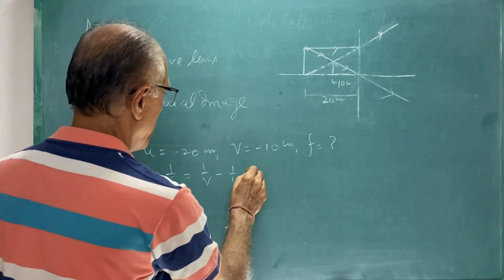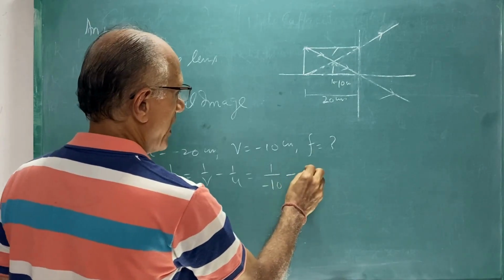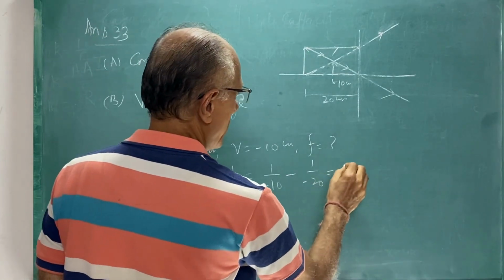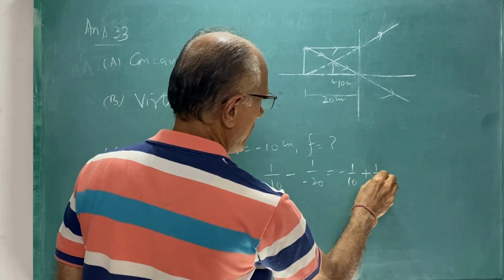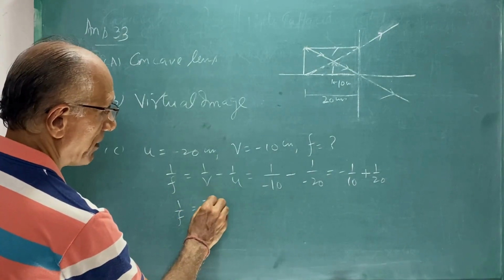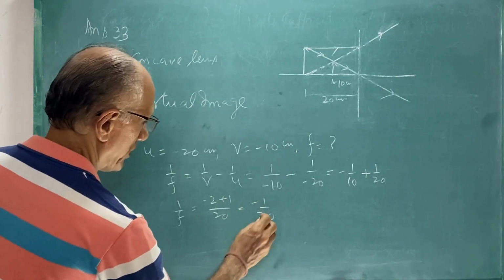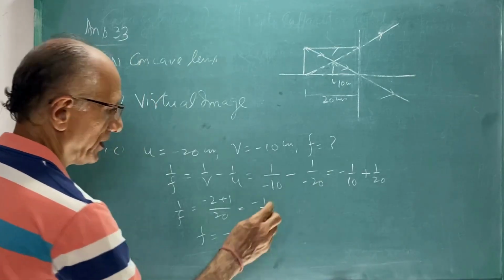So here it is 1 upon minus 10 minus 1 upon minus 20. So here we will get minus 1 by 10 plus 1 by 20. So here 1 by f equals minus 2 plus 1 by 20, that is minus 1 by 20. So f equals minus 20 centimeter.